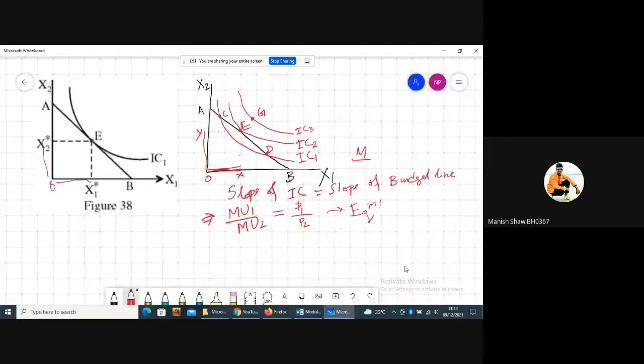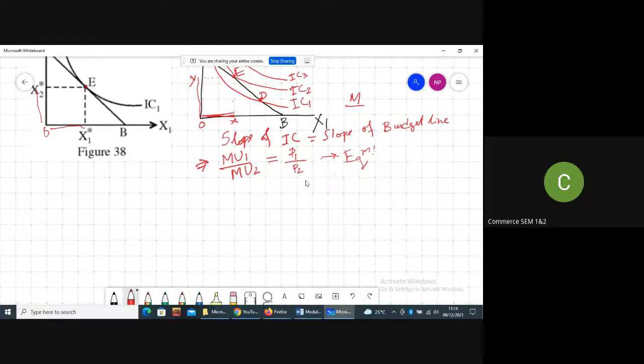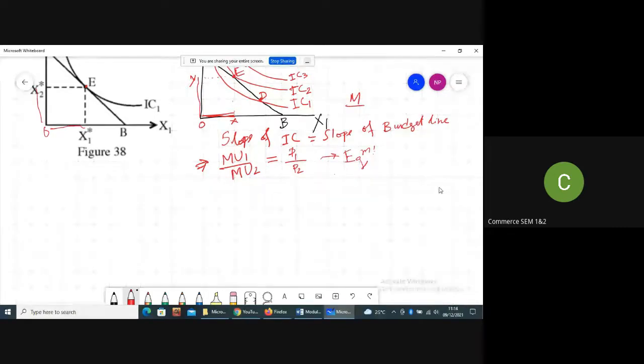Okay. Now, what does this condition imply, or what is the intuitive interpretation of this condition? Okay, so let us rewrite it.